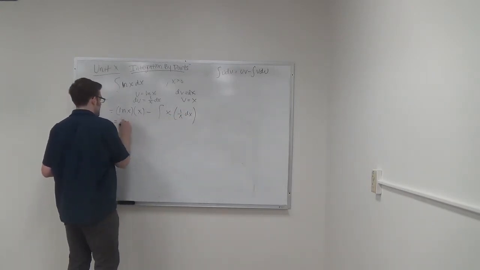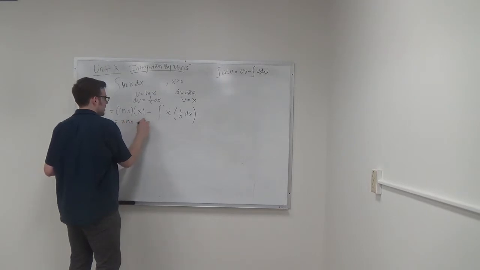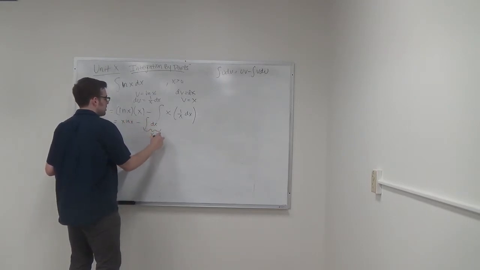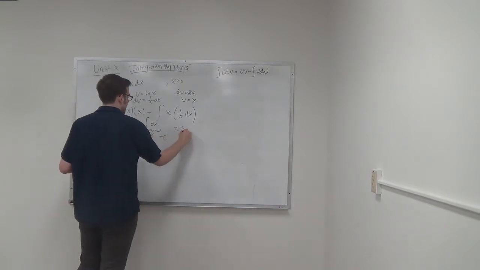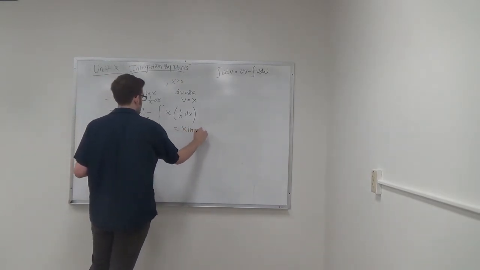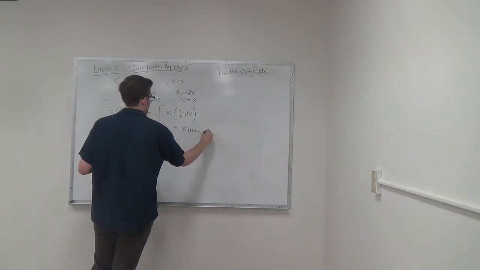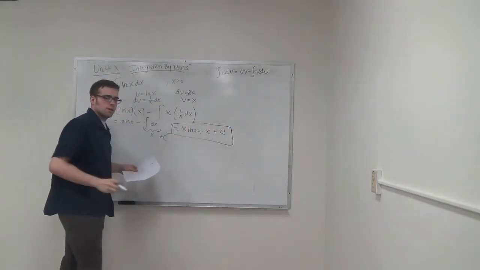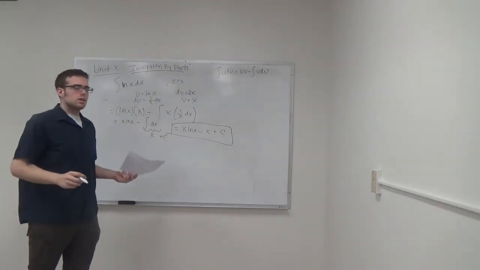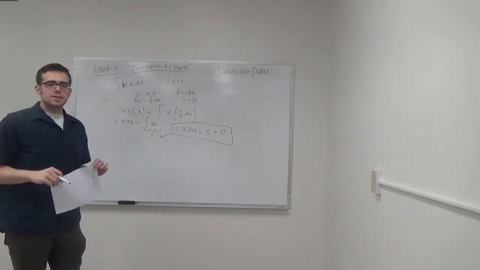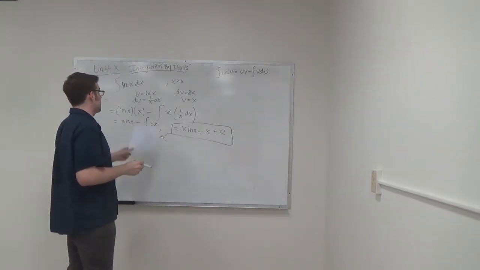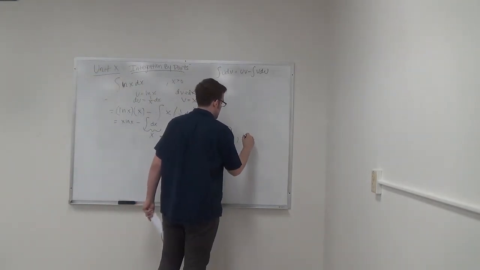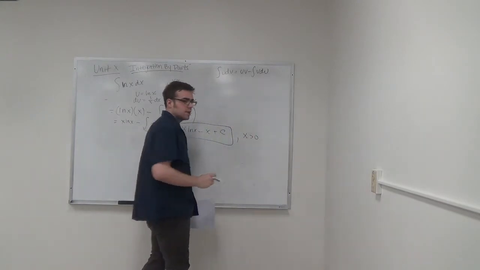So we have x log of x minus the integral of dx, which is x, plus c. So we get x log of x minus x plus c. So this becomes our integral table entry for the integral of natural log of x, once again assuming that x is greater than 0.